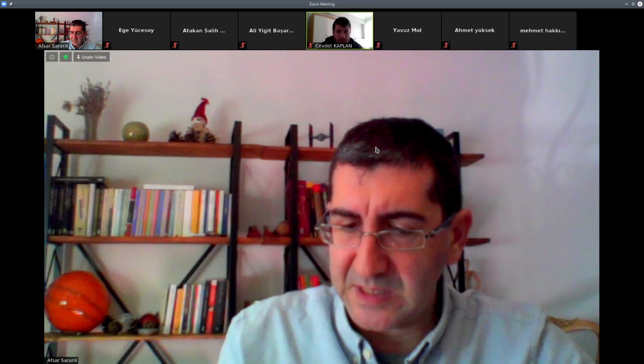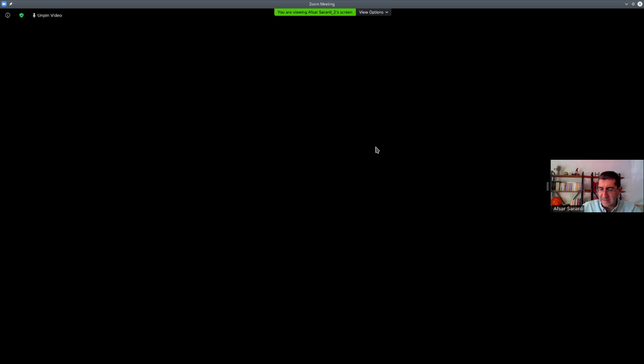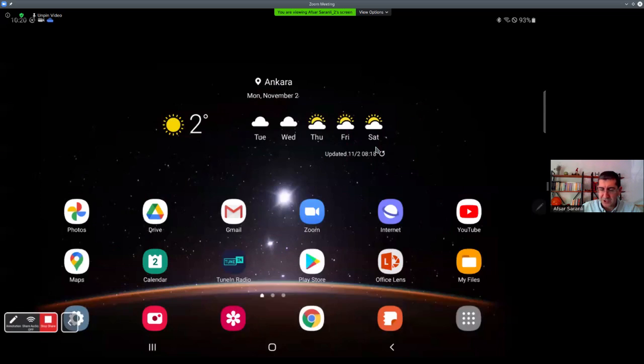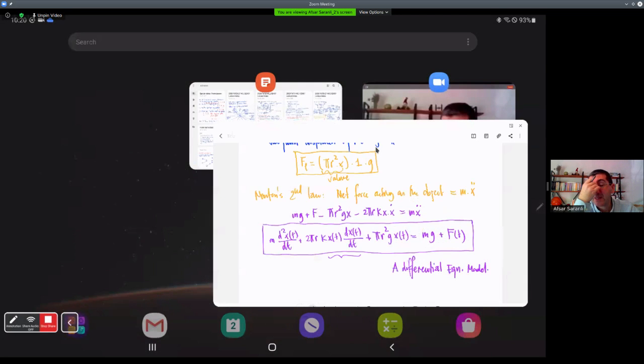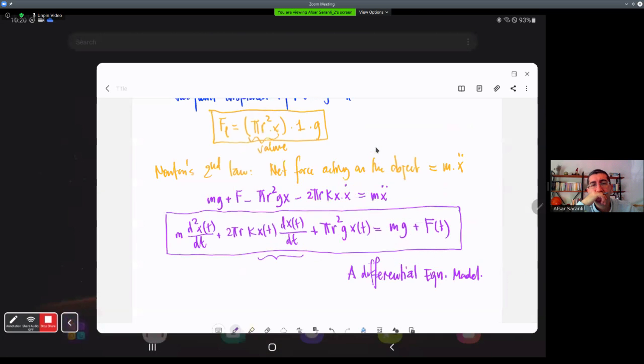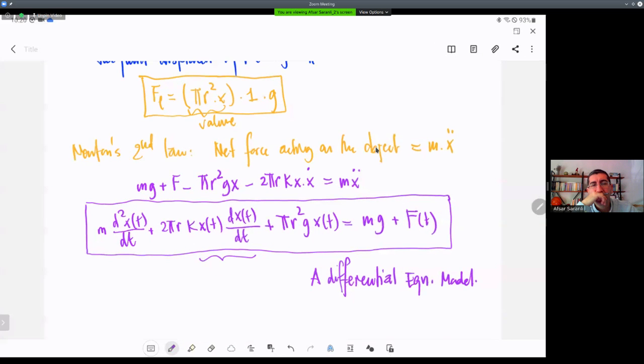There is another reason that I can't obtain a transfer function. Can somebody tell me why that is? Other than the nonlinearity. The system has plus mg on the right hand side. Yes, right.